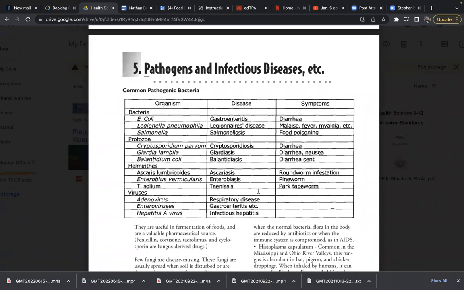Which of the following would not be a correct answer and would be a cause for concern for Miss Yesenia? The answers are A, bacteria, B, protozoa, C, helminths, I don't know how you say that, and D, viruses.